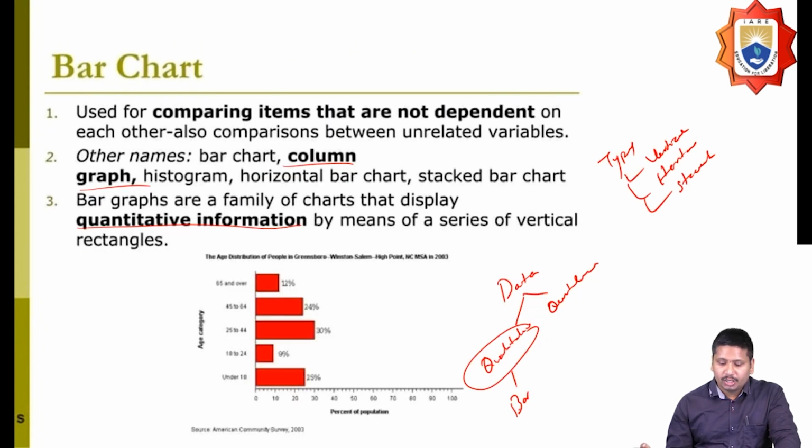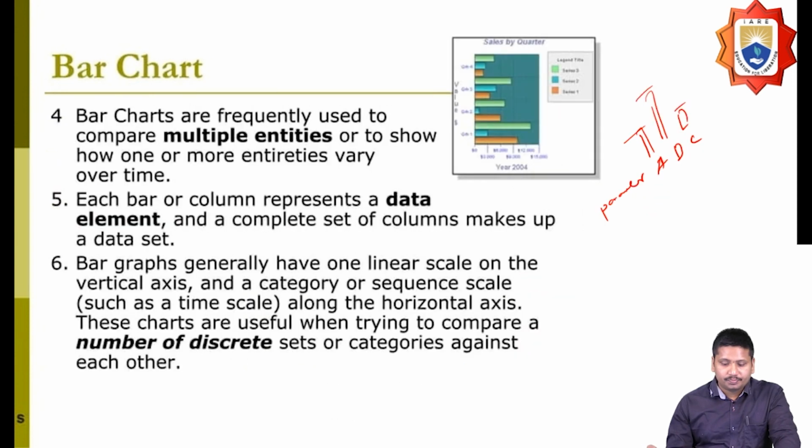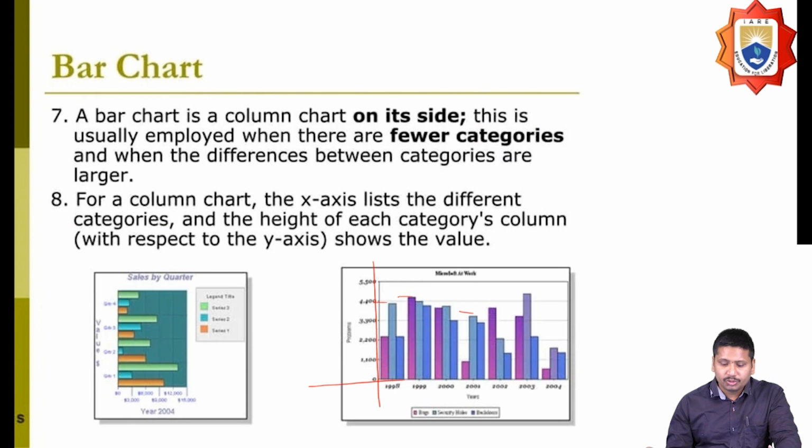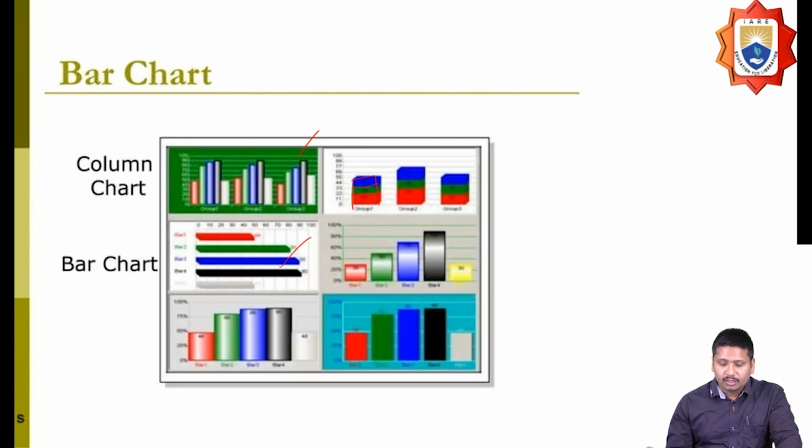Mainly the bar chart is used to present qualitative information, and different types are available, like the vertical bar chart, horizontal bar chart, and stacked bar chart. These are the different views of bar charts.